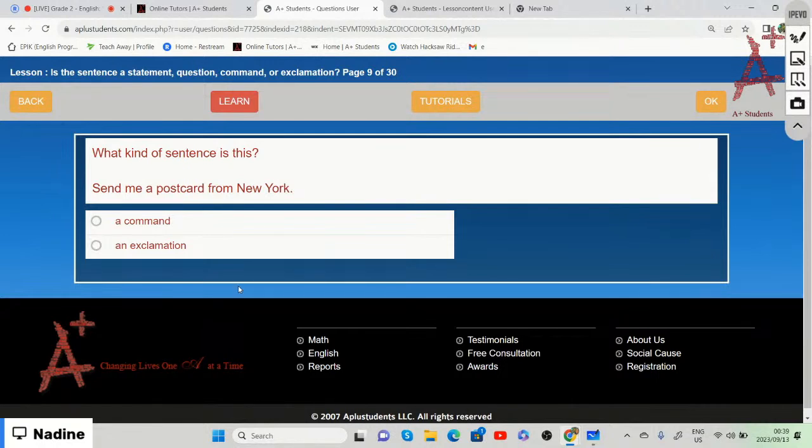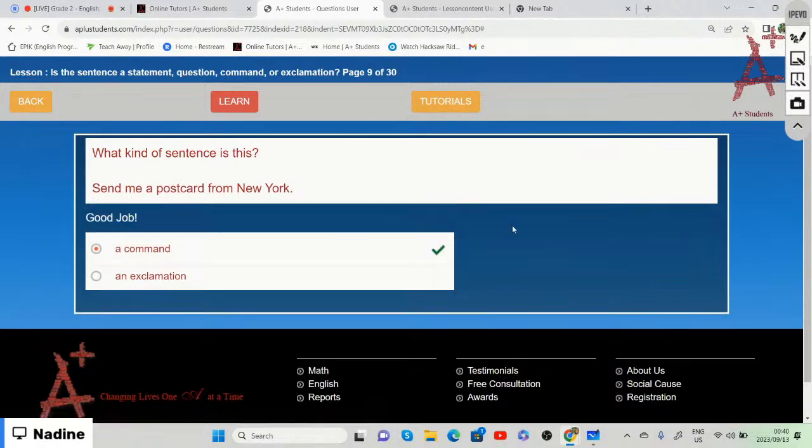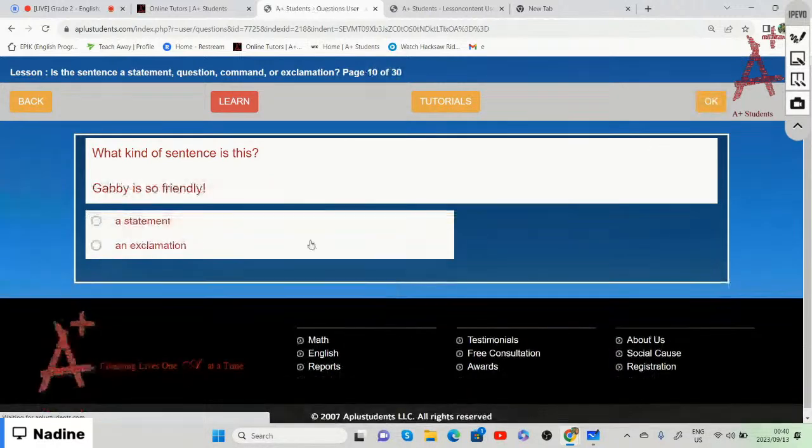This sentence ends with a period. If we identify what kind of sentence this is, we will say it is a command. It's telling someone to send a postcard from New York. So if you said a command, then well done.